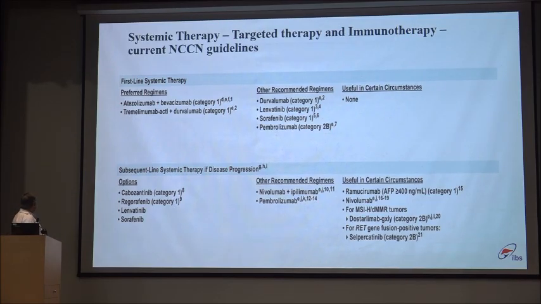It is the first-order targeted chemoimmunotherapy. Second line is... This is the first line and this is the second line, and sometimes, depending on the case, they are also recommended with AFP more than 400.